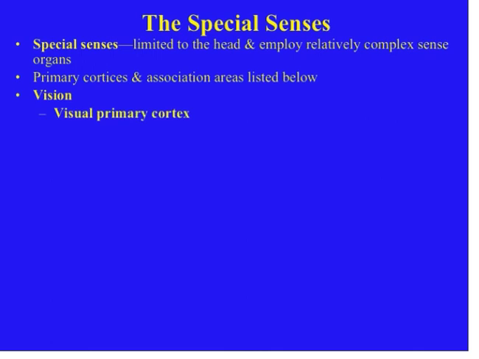The special senses are limited to the head and employ relatively complex sense organs. The primary cortices and association areas are listed below. We'll go through them. Vision. The primary visual cortex is in the far posterior region of the occipital lobe.